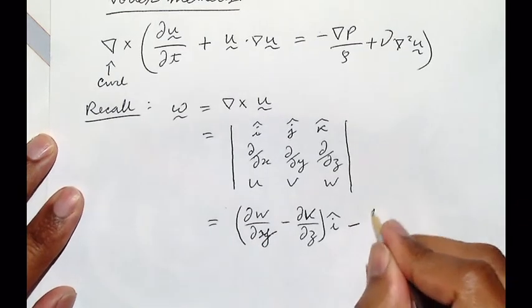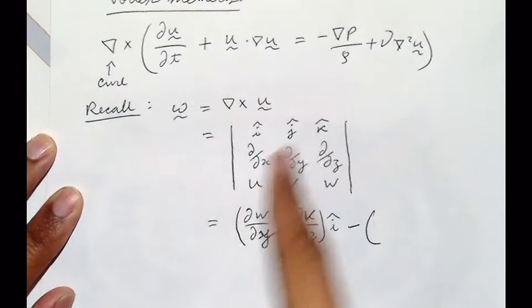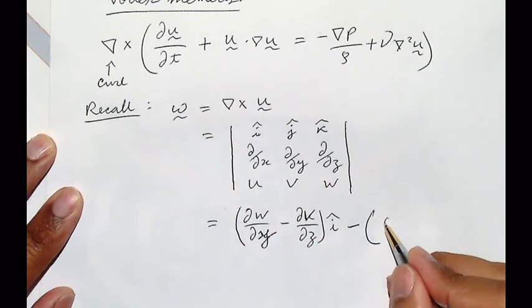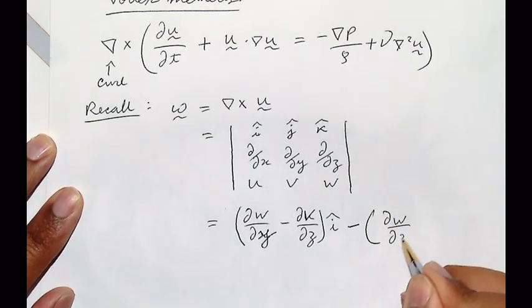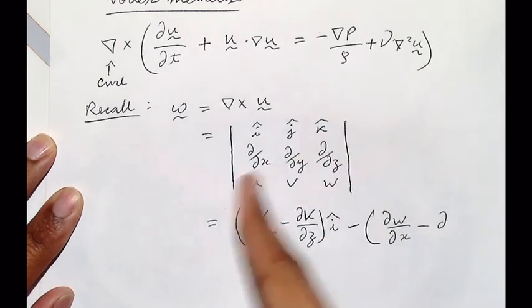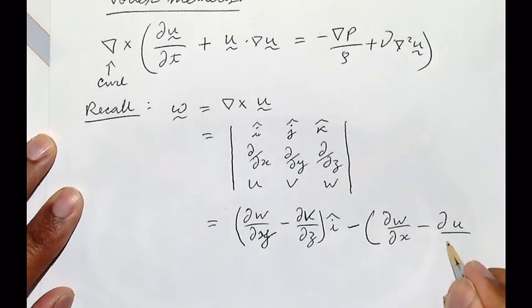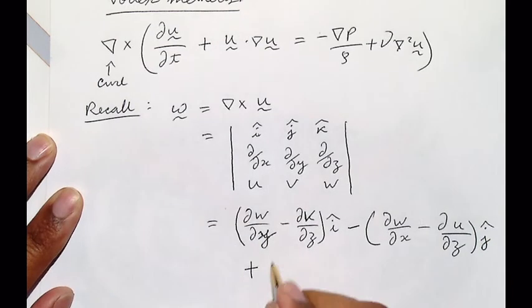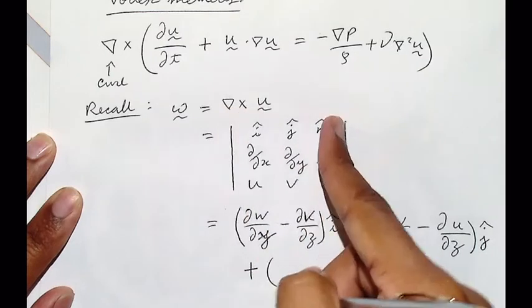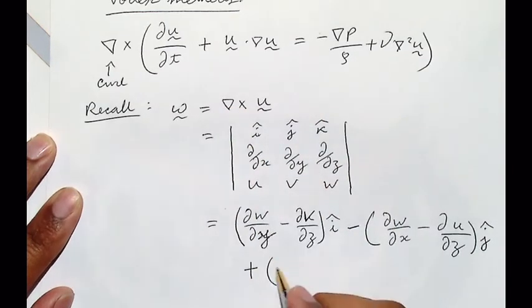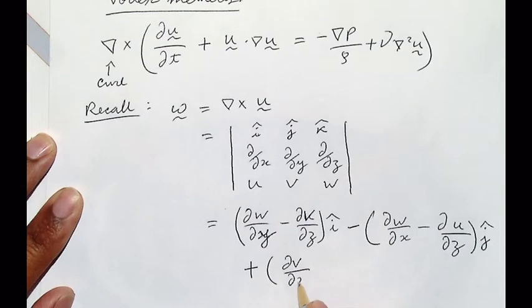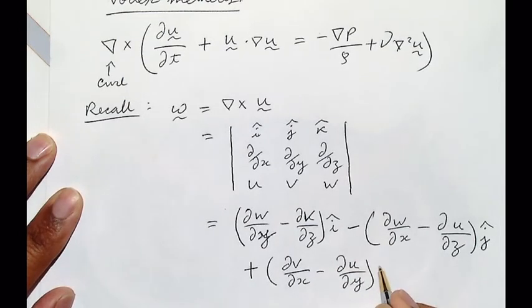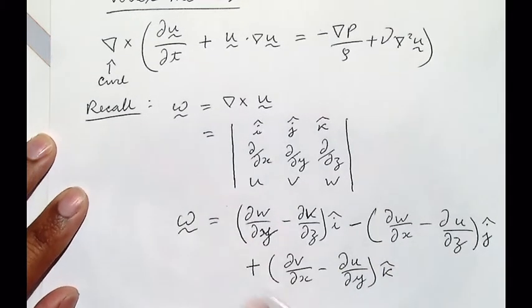Then there's a minus for the j component: kill that, multiply the other one. And the last component is a plus: kill these, del v by del x minus del u by del y. Right, so this is the full three-dimensional velocity vector.